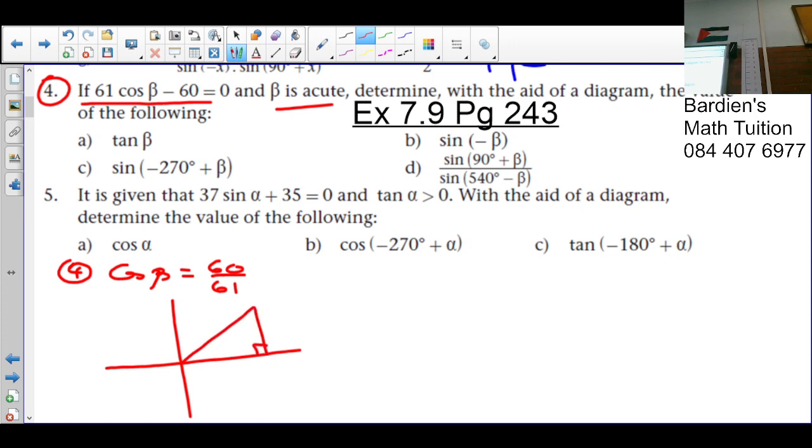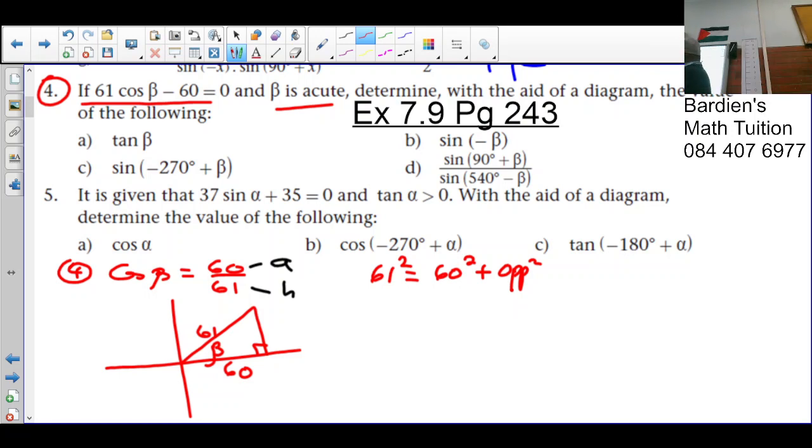So what does cos stand for? Adjacent over hypotenuse. So it's going to be 60, 61. So how do I get the opposite? You apply Pythagoras. It's going to be 61 squared is equal to 60 squared plus the opposite side squared.